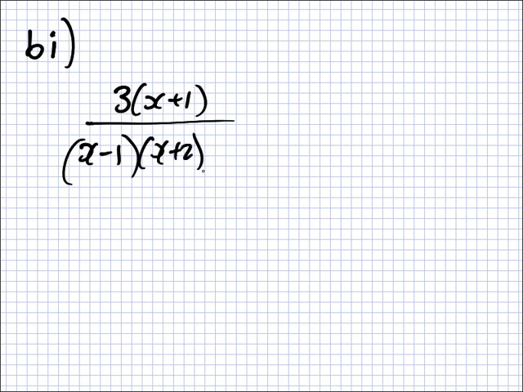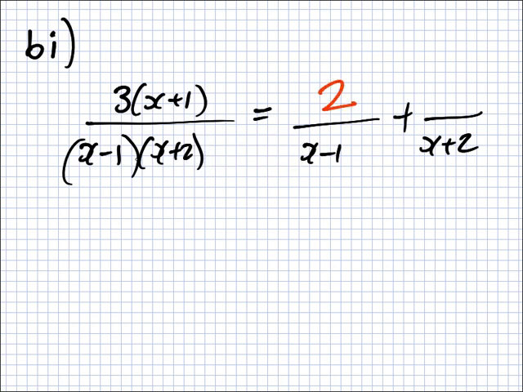We're still writing. I want to use the cover-up rule here to get the A and the B. So, what do I put in here for x to get the A? Try again. 1. Isn't it? 6 over 3. And what do I put in?